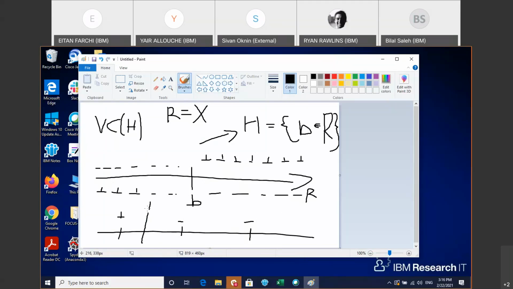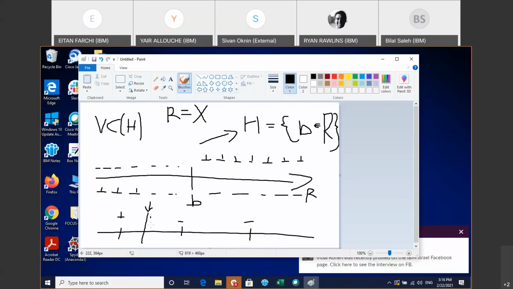Then this point here will explain these 3 points perfectly, right? Because it will give a plus here and a minus here and a minus here. So as Balal said, this threshold perfectly explains the labeling here.